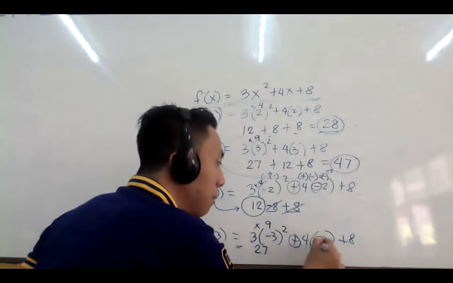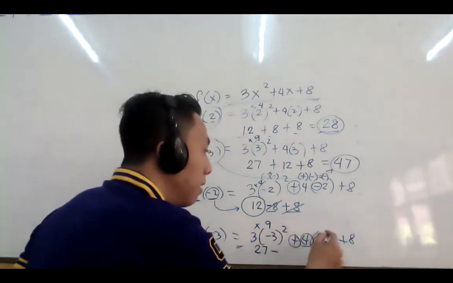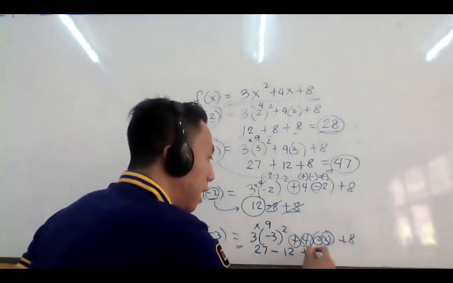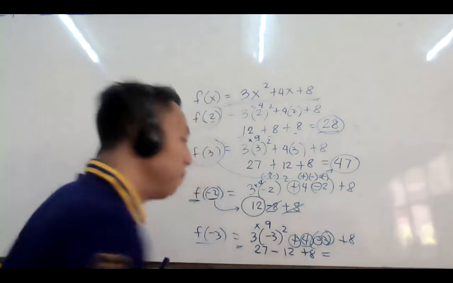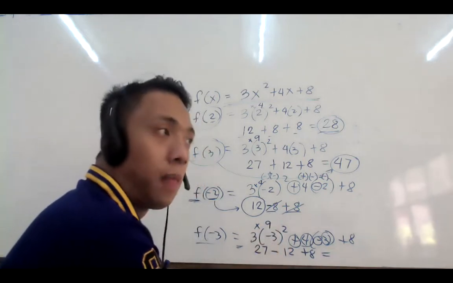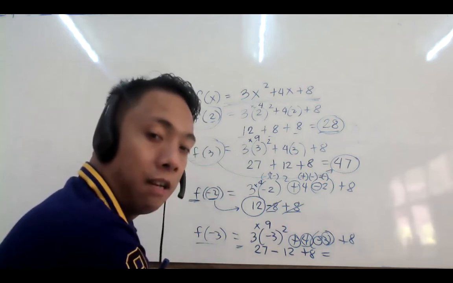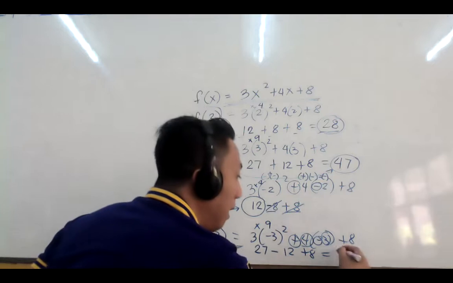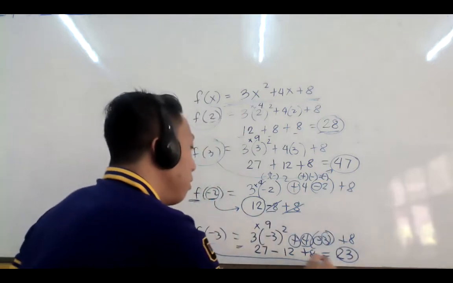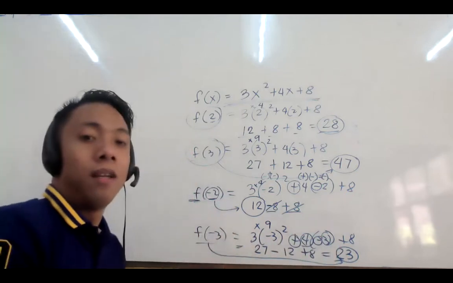Positive times negative is negative. 4 times 3 is 12 plus 8. And the final answer, 27 minus 12. 27 minus 12 is 15. 15 plus 8, 23. So the function of negative 3 is positive 23.